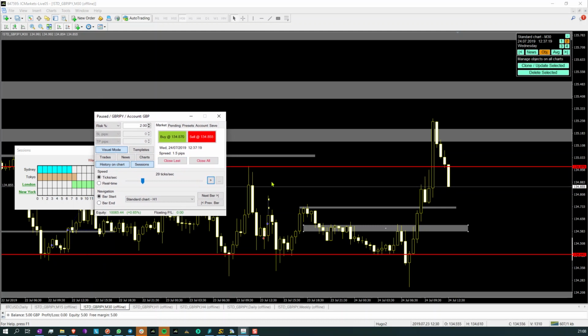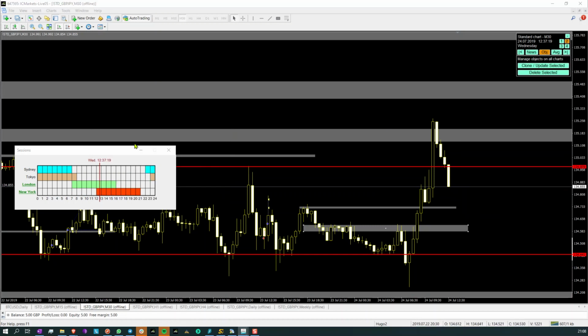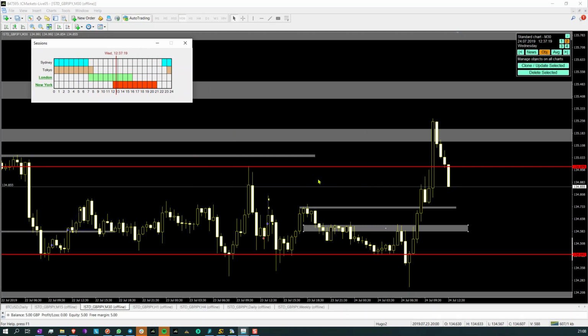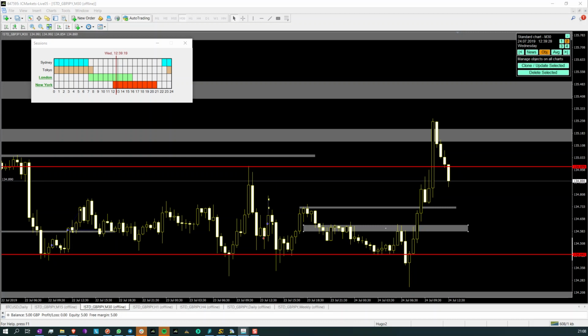Yeah, back inside the range. We should reject this zone here, or that zone there.